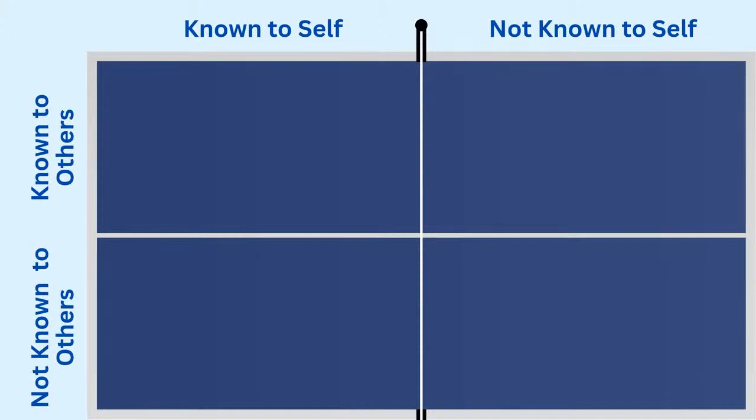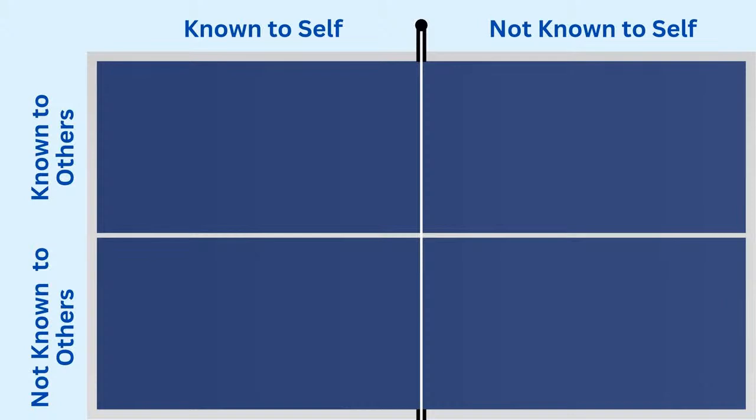And on the top row, it is about known to others. Known to others about myself. People know something about me, like they know probably my name, my education, my background, where I work, my family, my temperament. Something people know, and that is what we say, known to others.